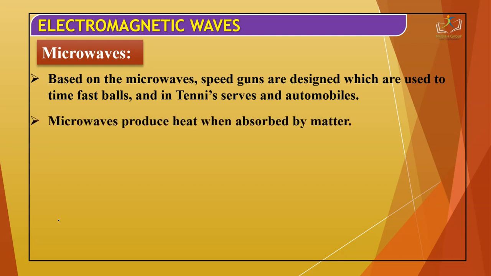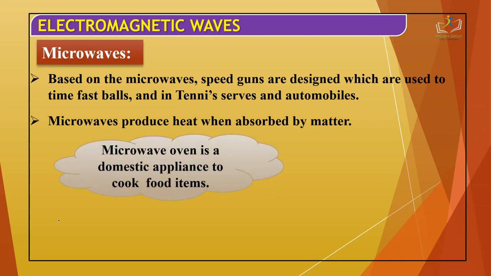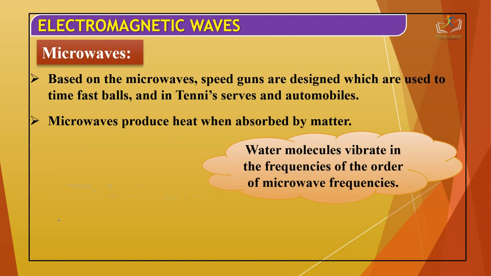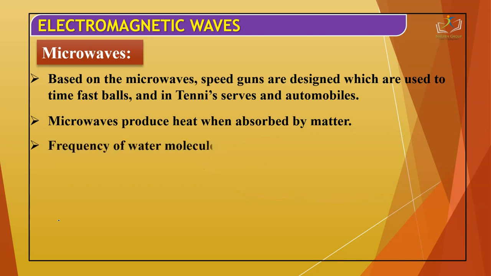Microwaves produce heat when absorbed by matter. A microwave oven is a domestic appliance to cook food items. Water molecules vibrate at frequencies of the order of microwave frequencies. The frequency of water molecules is 3 gigahertz.